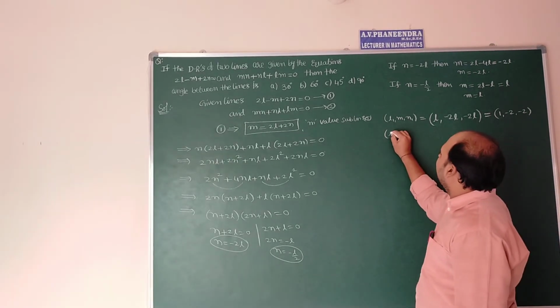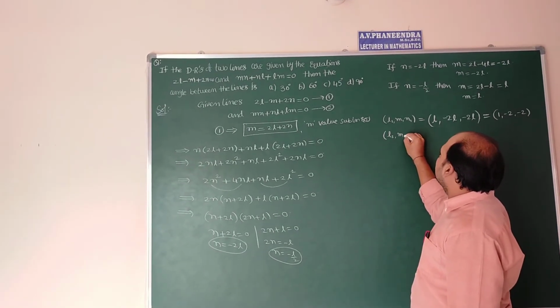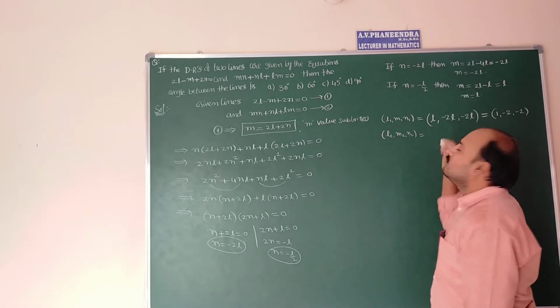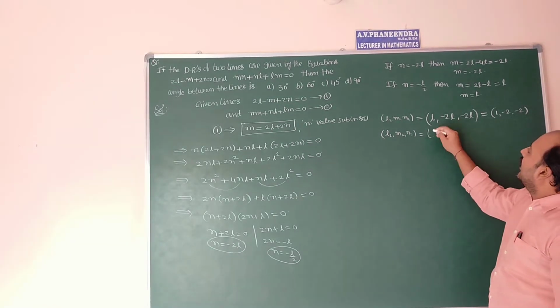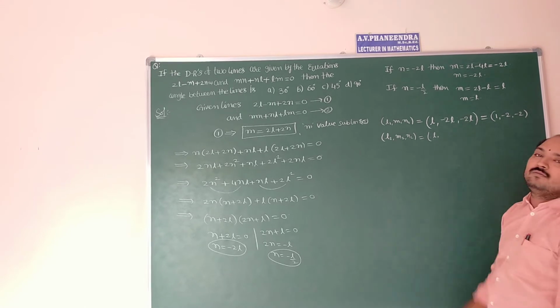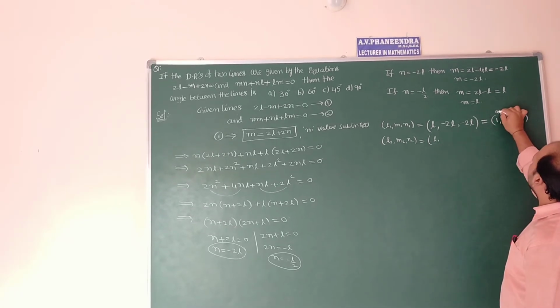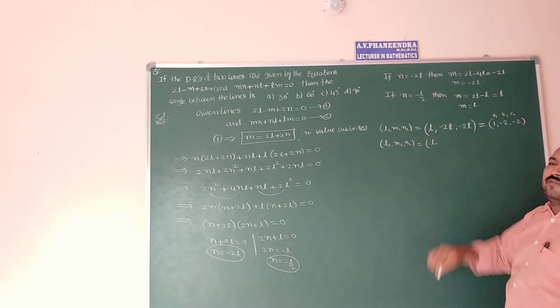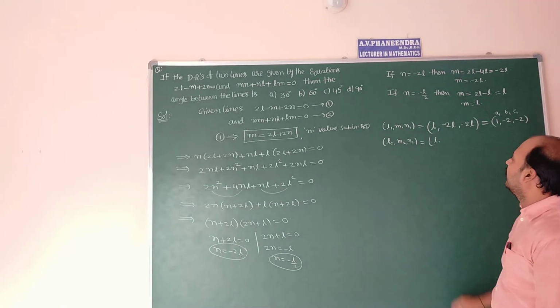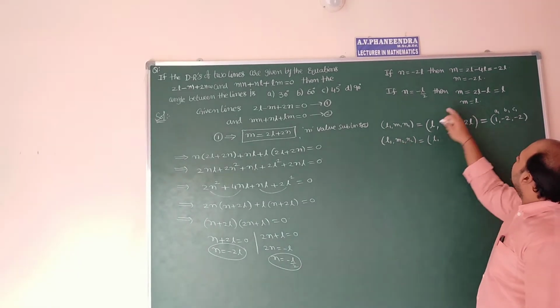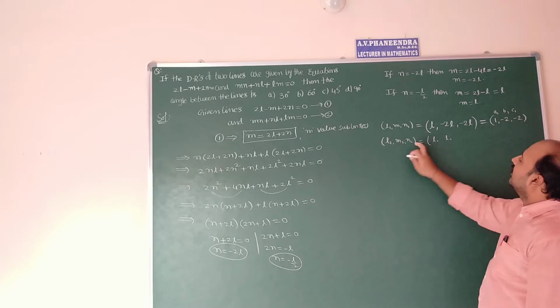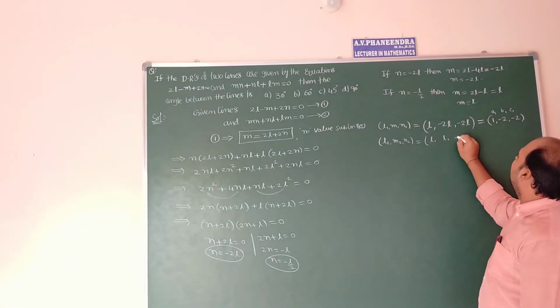Come to the second one, L2, M2, N2: L2 is L, M2 is L, N2 is minus L by 2.